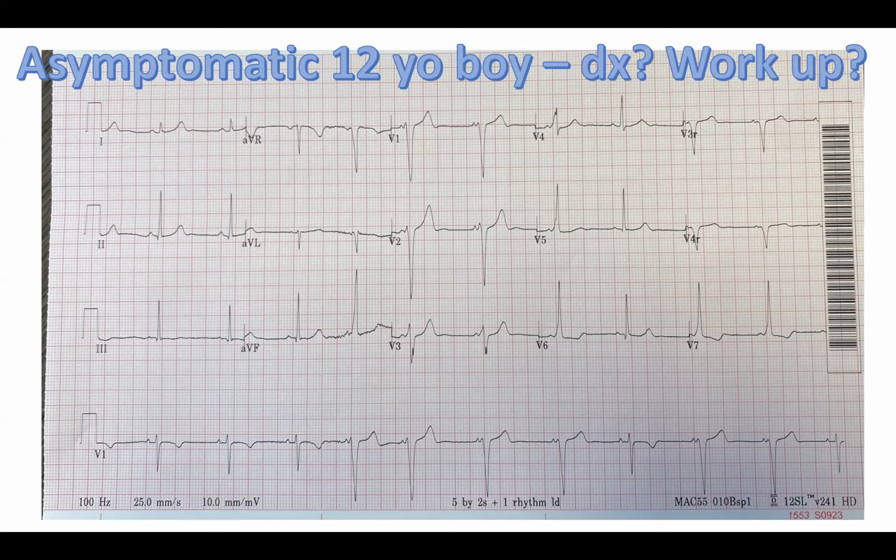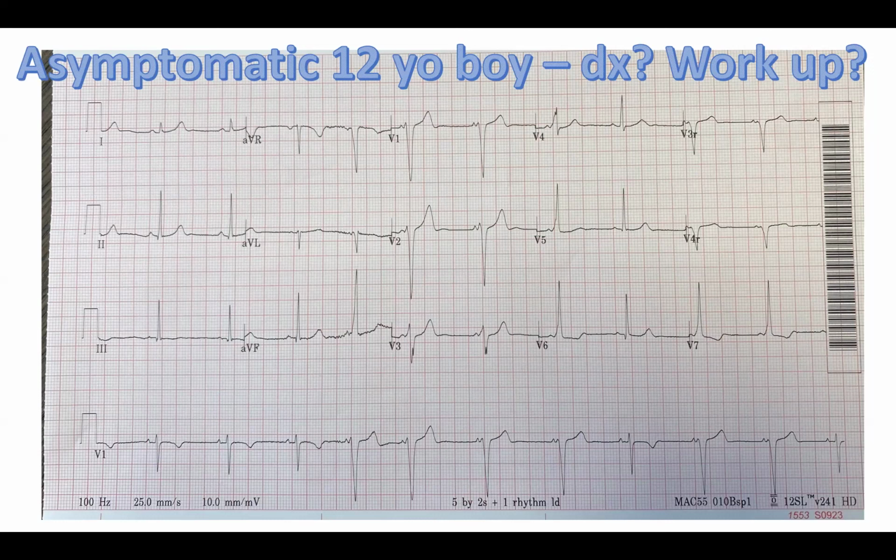Okay, good. And then I'd like to get a baseline echo just to see how his function is. We have a marker of if he's had tachycardia in the past. So you're using the echo as like the hemoglobin A1C of tachycardia-induced cardiomyopathy. You don't trust this boy. You think he's lying to you.